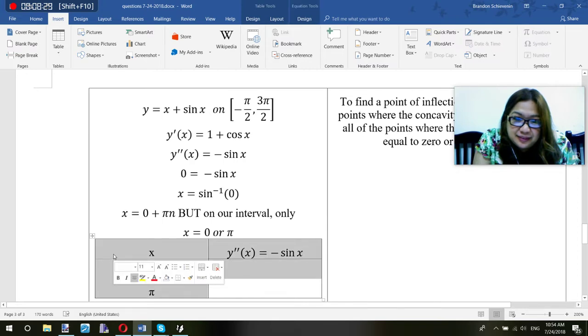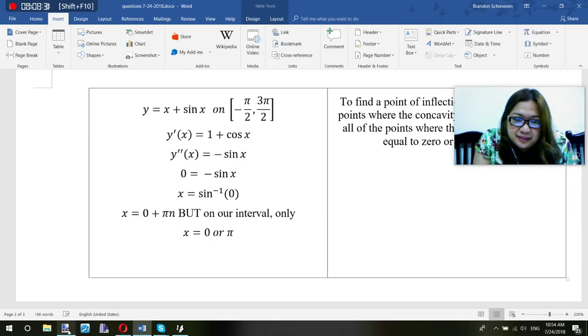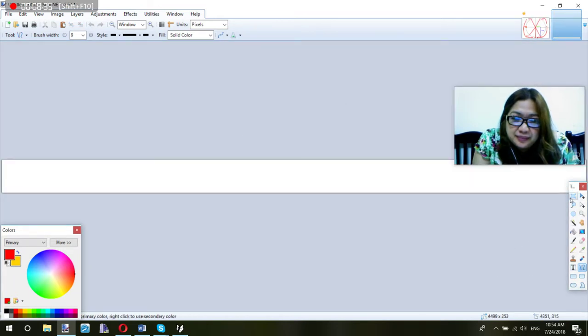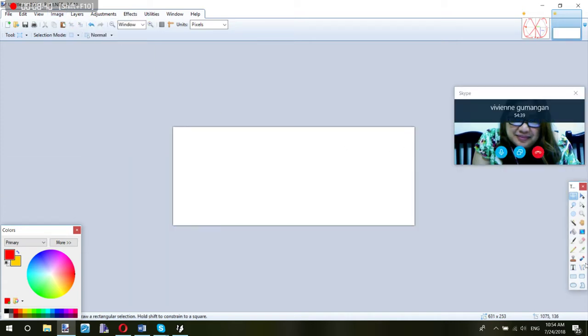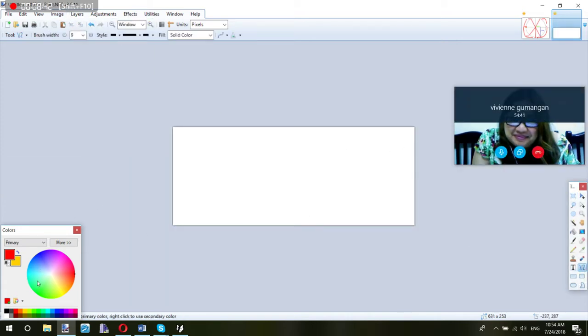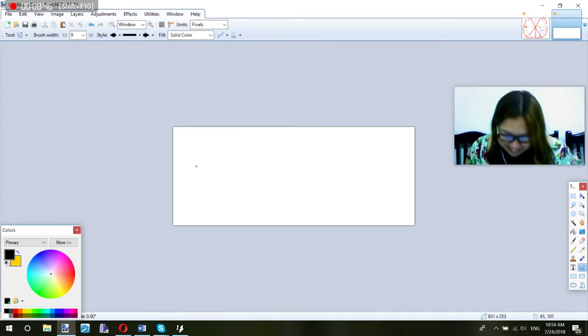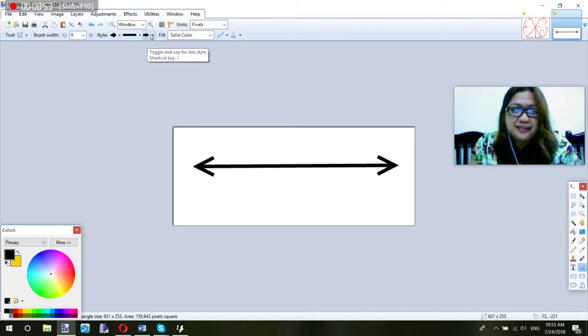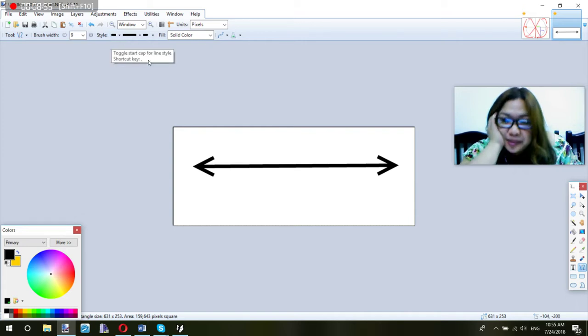Instead of doing a table, we'll do a chart. I just made a chart of all the points where our second derivative was equal to 0. That's not going to tell us anything we don't know. So what I should have done is something like this. We know that the second derivative is 0 at two points, at 0 and at pi.